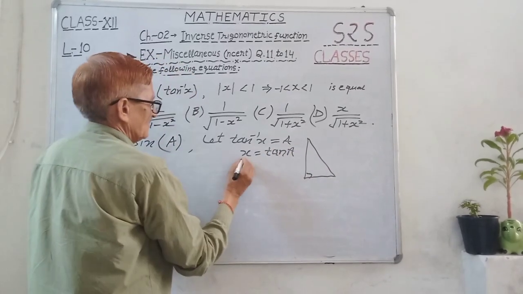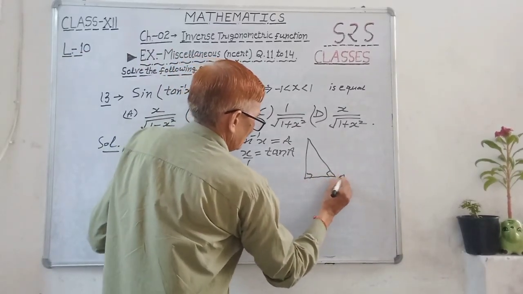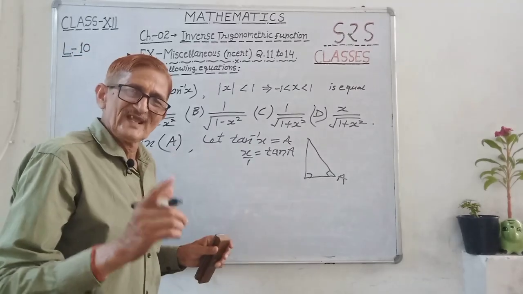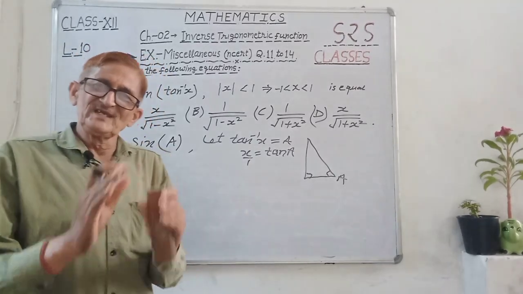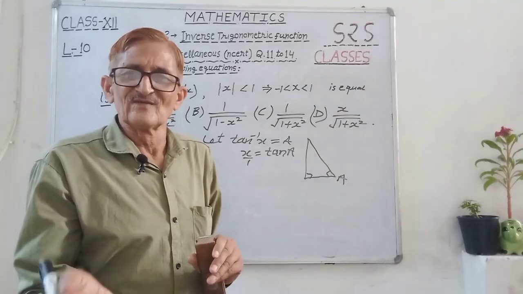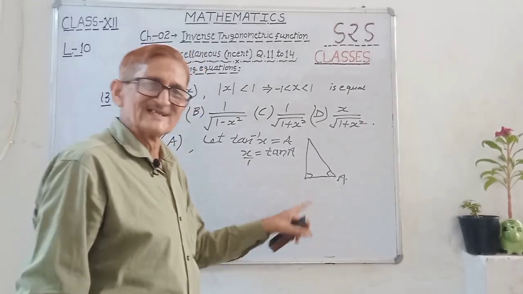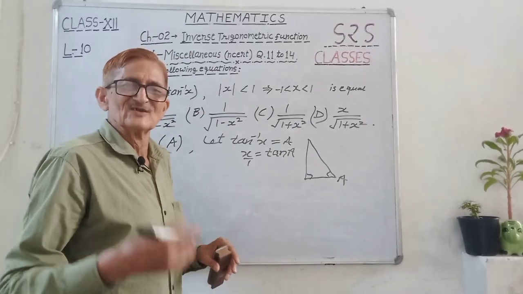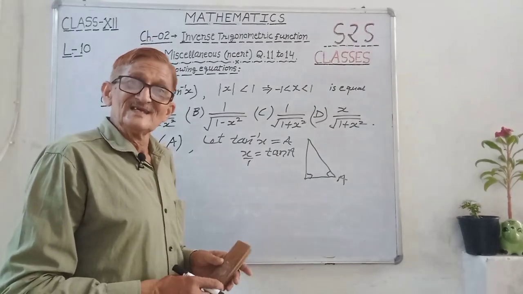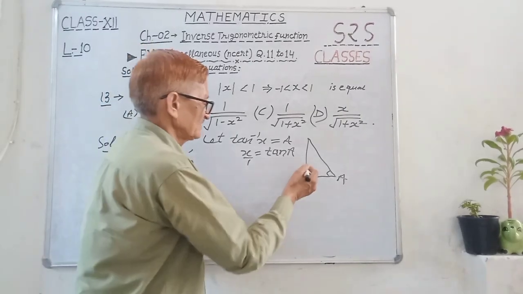Then tan theta is equal to opposite upon adjacent. Let this angle be A in this right triangle. Same method I told. Every trigonometric inverse can be converted into each of the other inverses by this method, whichever you want. First use the Pythagoras theorem.